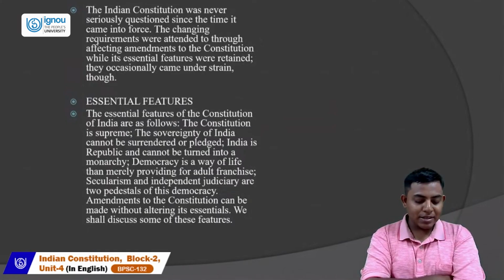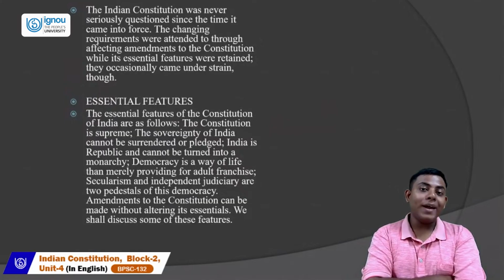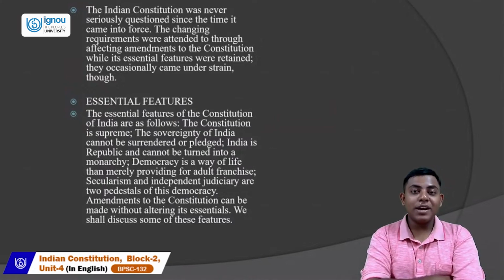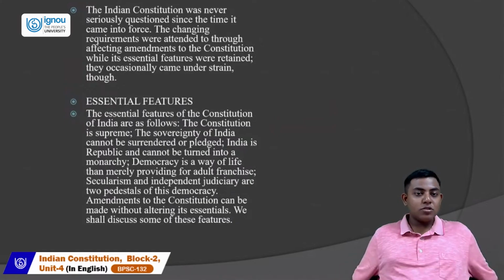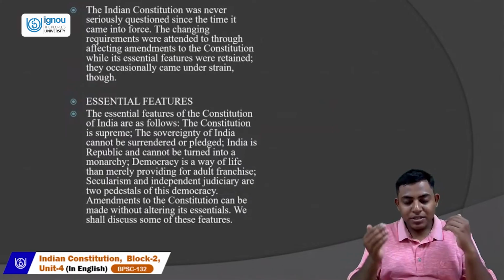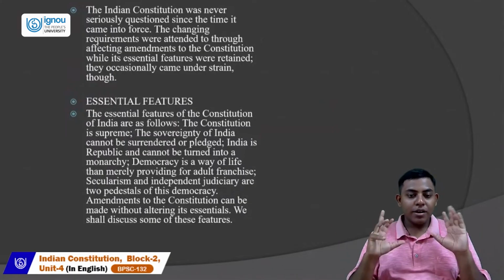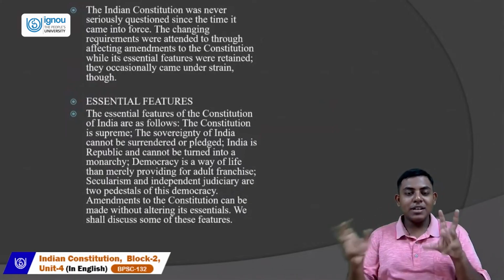To implement all these things, land reforms were necessary. And back then, the right to property was a fundamental right, enshrined in Article 31. That is why many conflicts came to the fore. The Supreme Court, in many of its judgments, gave contradictory views regarding the issue of fundamental rights and directive principles.